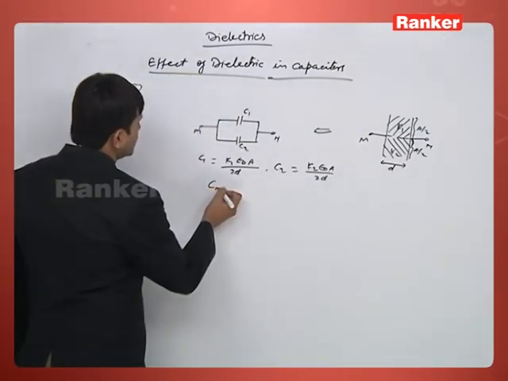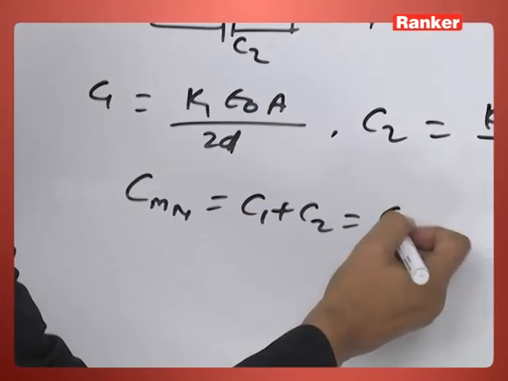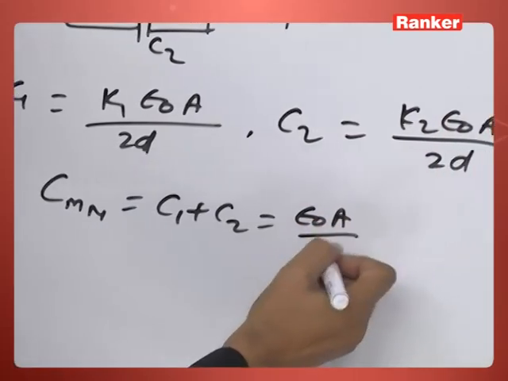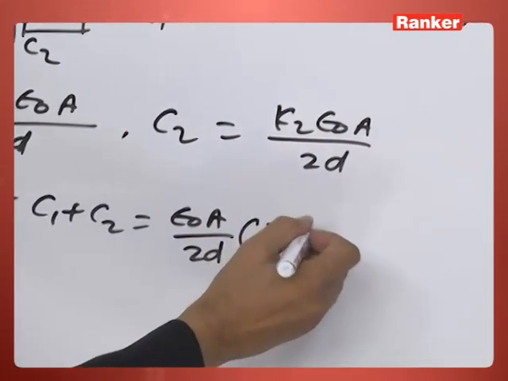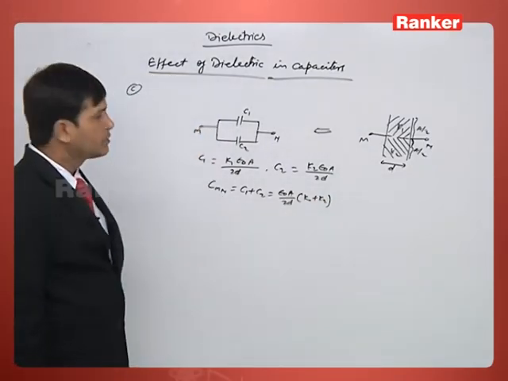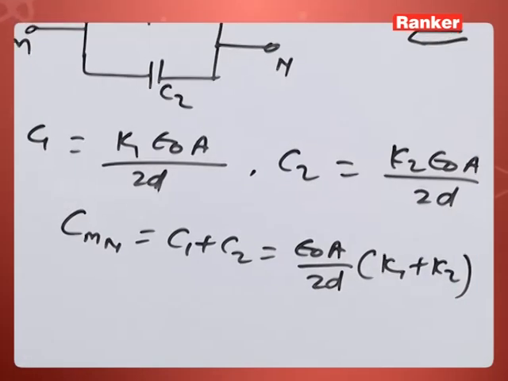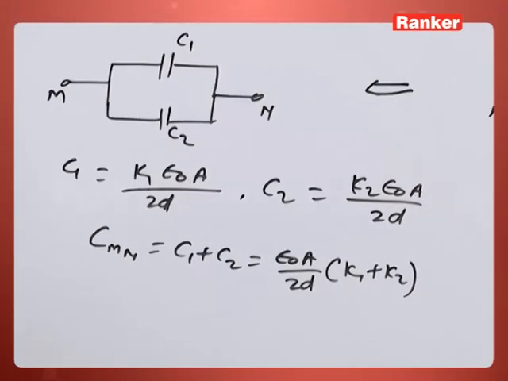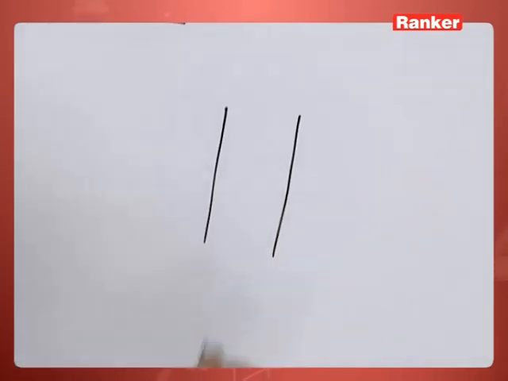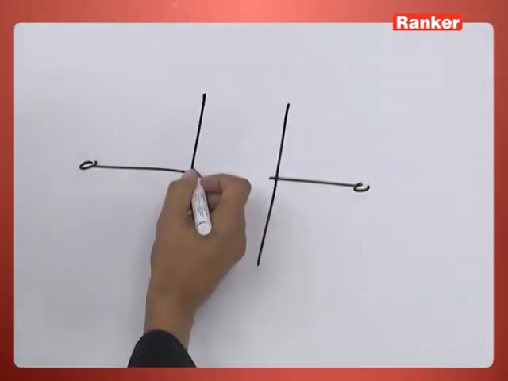Now C MN will be C1 plus C2, which is epsilon naught A by 2d times K1 plus K2. In this manner we can do it if these two are arranged like this. Similarly, see another part. Let the dielectrics be kept like this.